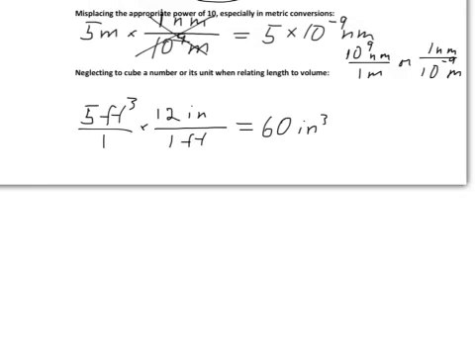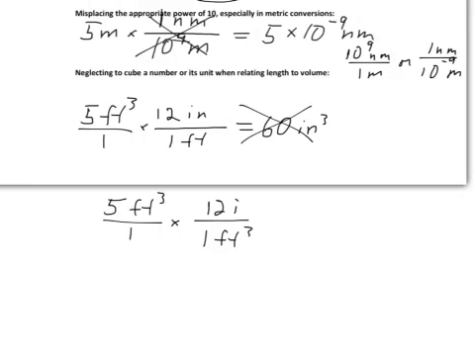Now what I've neglected to do there is cube the unit, so this is wrong. What I need to do is actually write it this way: 5 cubic feet, 1 foot cubed, 12 inches, the whole thing cubed, which means I have to cube the 12.